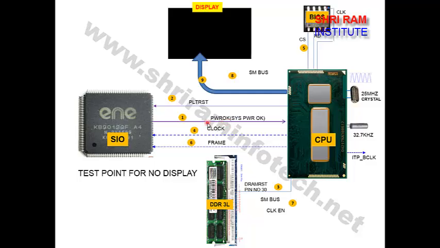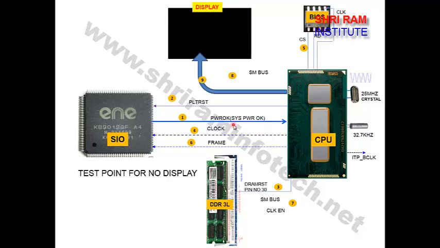This is a 3 volt signal. You have to take out the diagrams and check that the signal name is power okay or the system power okay. The power okay signal coming means all the motherboard is getting the proper power. So this 3 volt will go to the CPU.